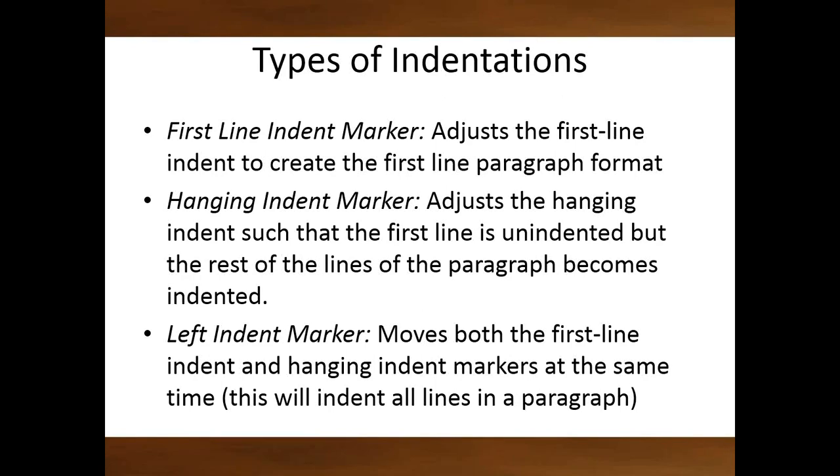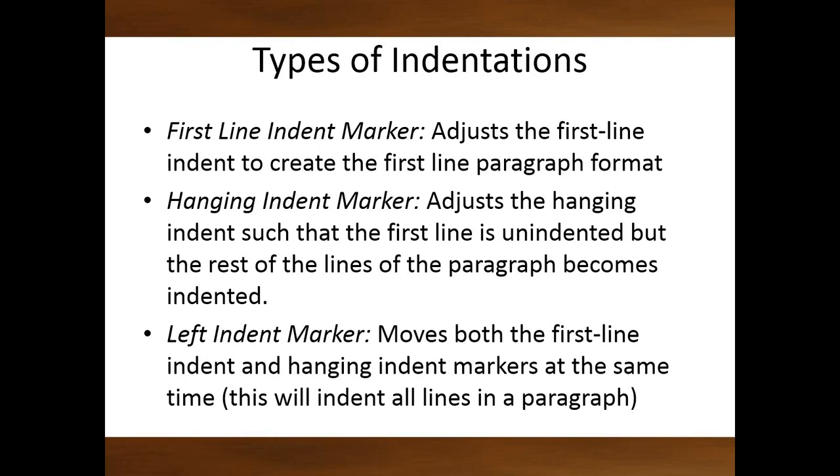What this means is that the first word of that first line is still kept at the edge of the margin, while the rest of the lines of the paragraphs are shifted so that there is space between the margin and those lines of text.